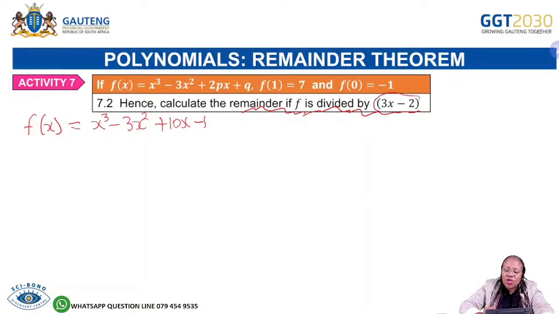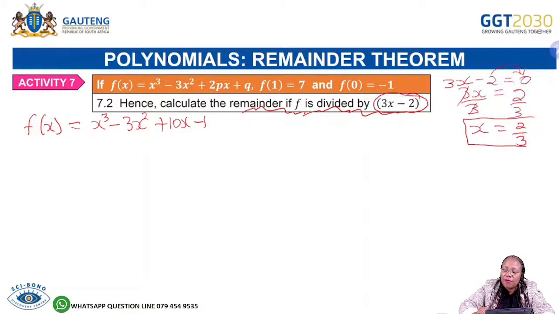So this is a new divisor here. We are going to take the same method. We let it equal to 0. And then 3x will be equal to what, grade 12? Equal to 2, because we are transposing this to the right. And then we divide both sides by 3. And then x will be equal to 2 over 3.